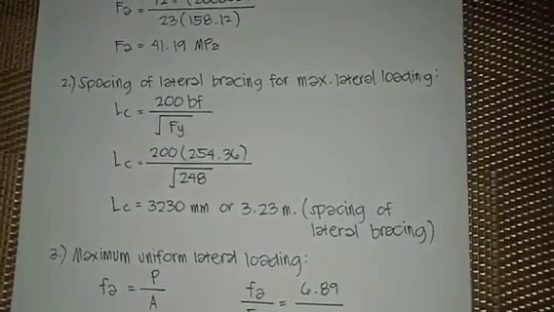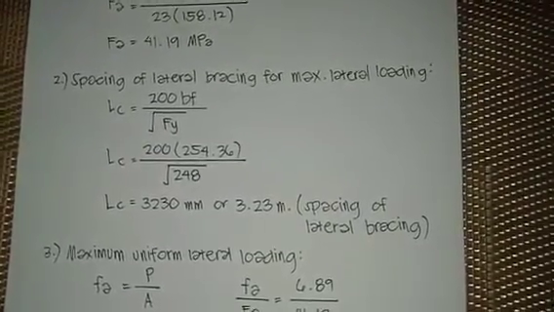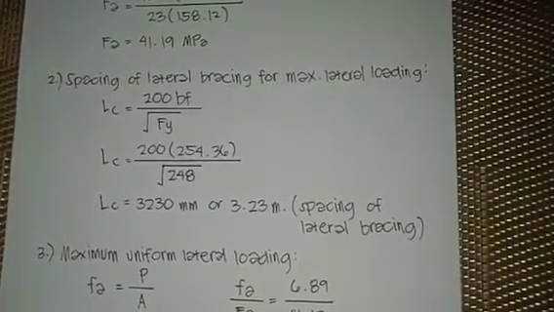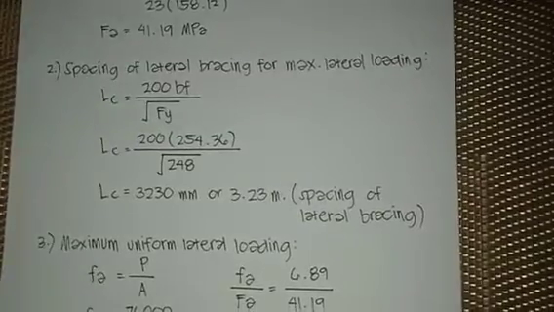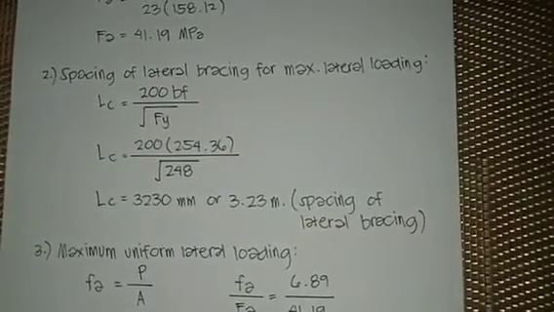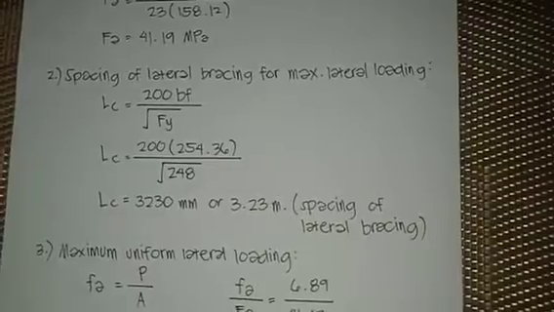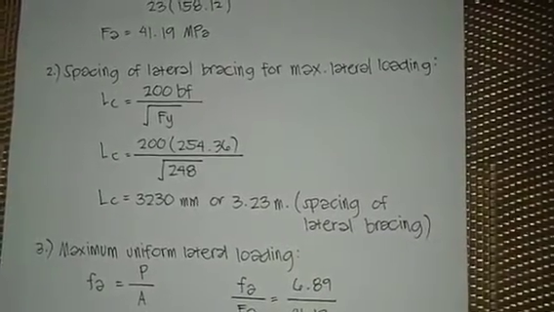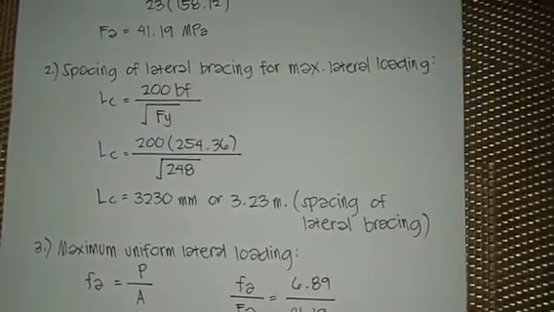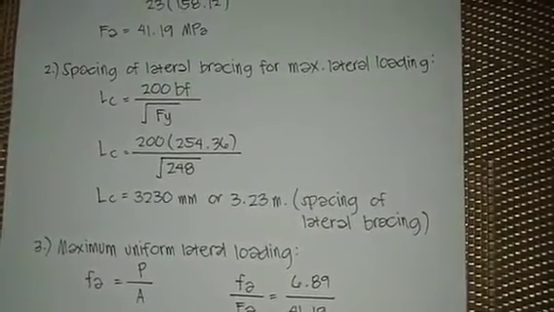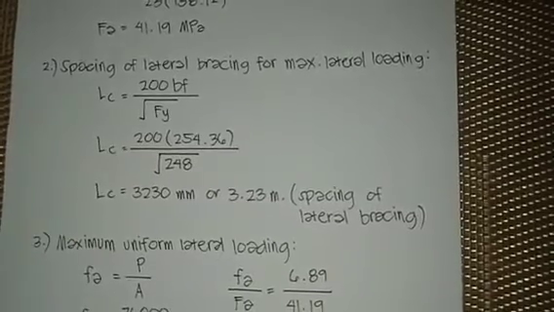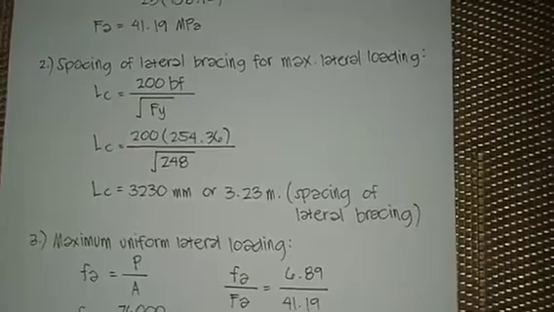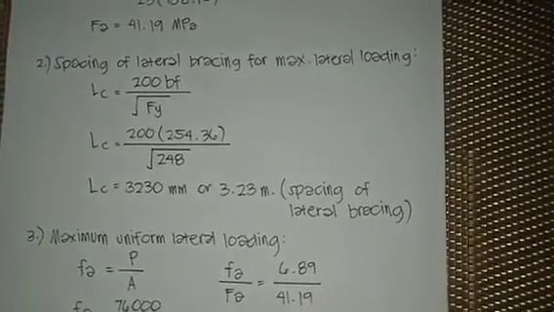So, we substitute the bf from the properties of W12 by 58: 200 times 254.36 over the square root of 248. So, Lc is equal to 3,230 millimeters or 3.23 meters. That is the spacing of lateral bracing.